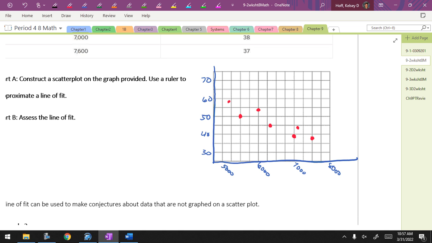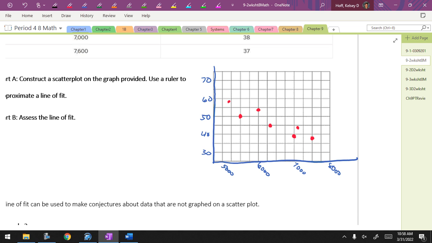It does not have to go through the origin, where about half of the points are above the line, half of the points are below the line. You don't even have to have a single point touching the line, but your line needs to be the best representation of that data. So swivel that baby around as far as you can get there.